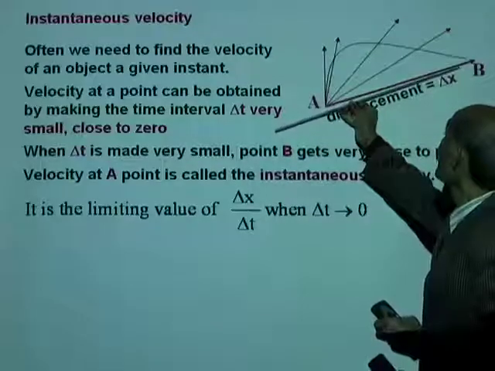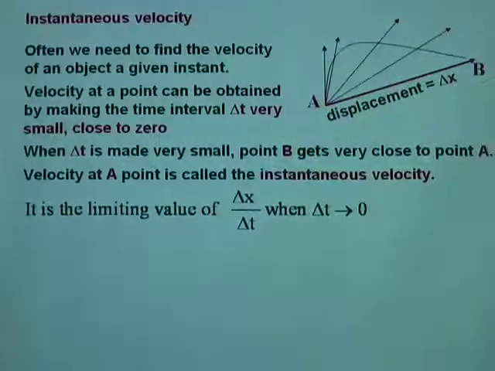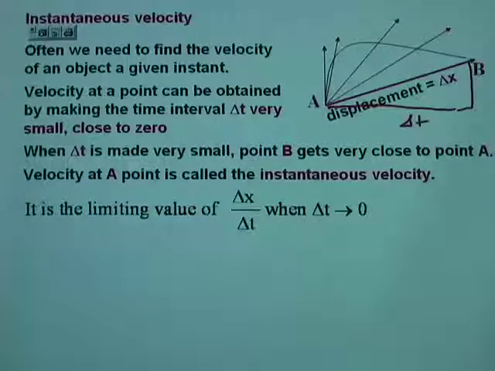You can see delta x divided by delta t. Can you tell me what quantity that delta x divided by delta t defines? If you come in here, now, if this is my delta t, now delta x divided by delta t is the rate of change of position.